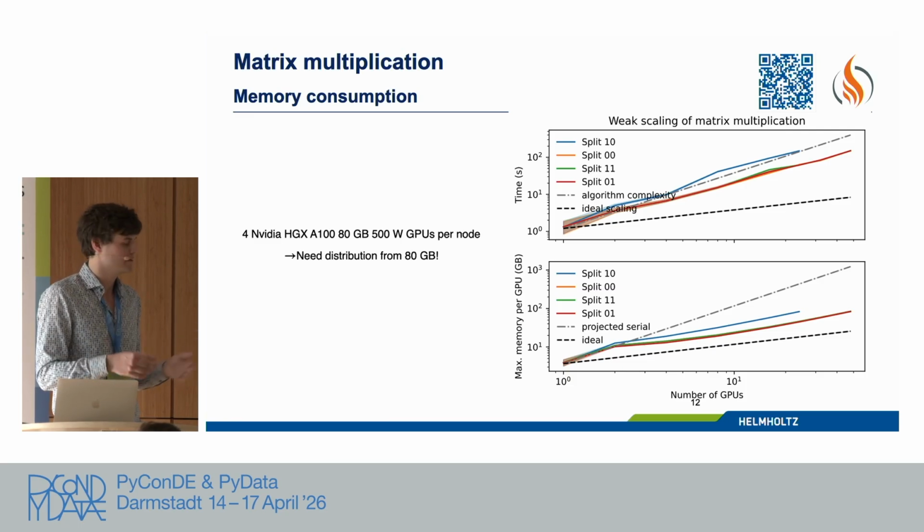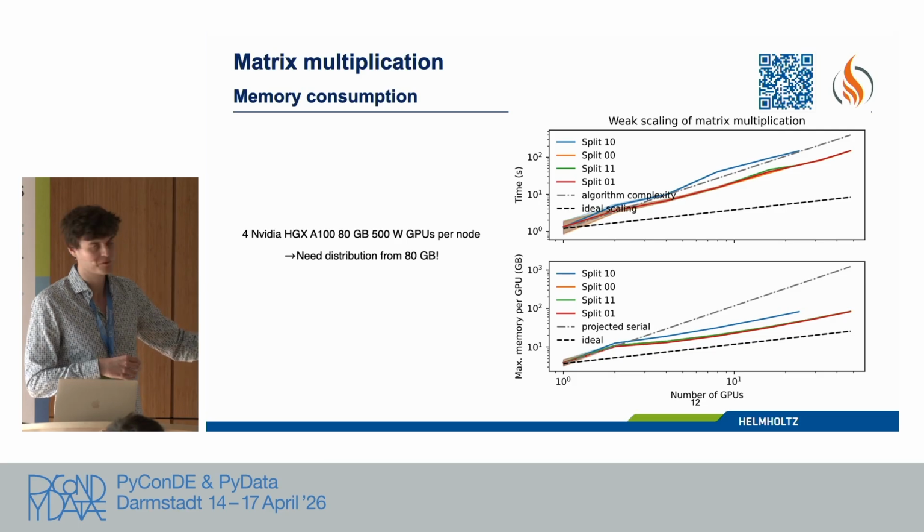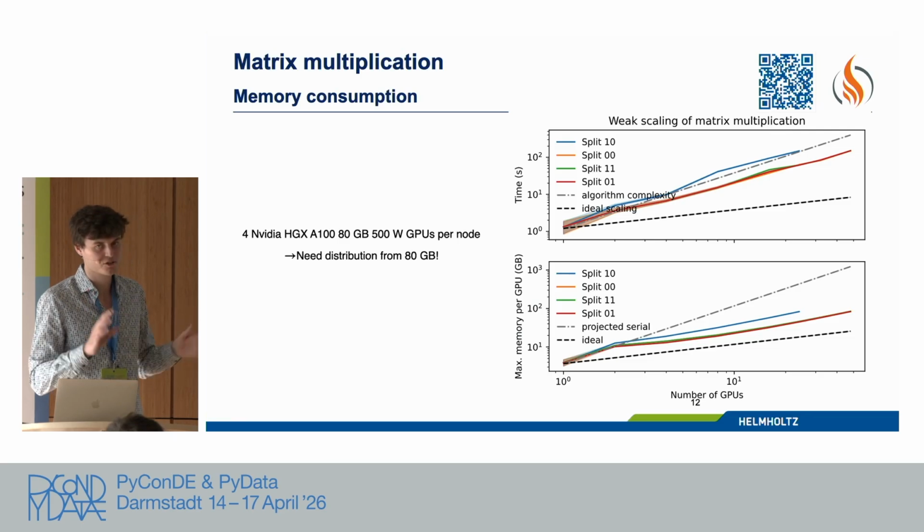But yeah, if you've done some GPU programming, you know that the single GPU memory limit can be very annoying, right? And at some point you need to distribute, regardless of whether you gain time speedup or not. And the maximum memory consumption per GPU that we measured during these runs is on the bottom plot. Here again, the projected single GPU memory usage is the dashed dotted line, which goes up a lot, very fast.